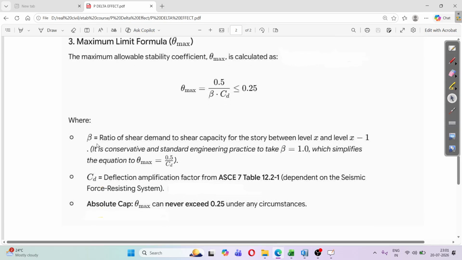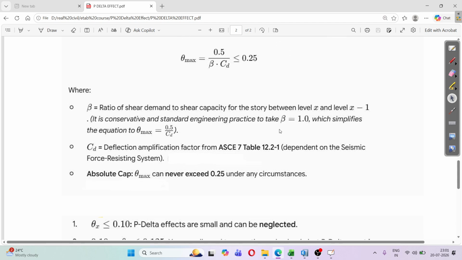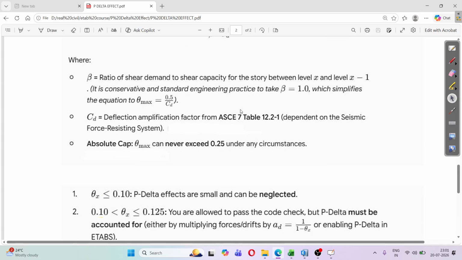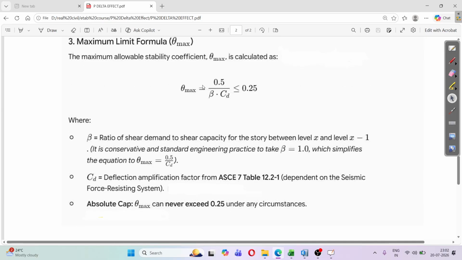You can see here, beta is the ratio of shear demand to shear capacity for the story between level X and level X minus 1, and generally it is kept as 1. This simplifies the equation, and Cd is the deflection amplification factor, which is available in ASCE table 12.2.1. From that you can calculate the theta max.